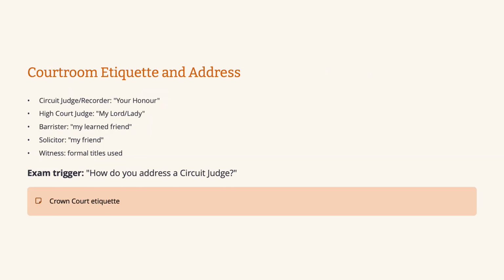So courtroom etiquette. Crown Court formality requires proper forms of address. Getting this right demonstrates professionalism and earns good marks. So when addressing a circuit judge or recorder, use Your Honor. This is the standard form for most Crown Court judges.